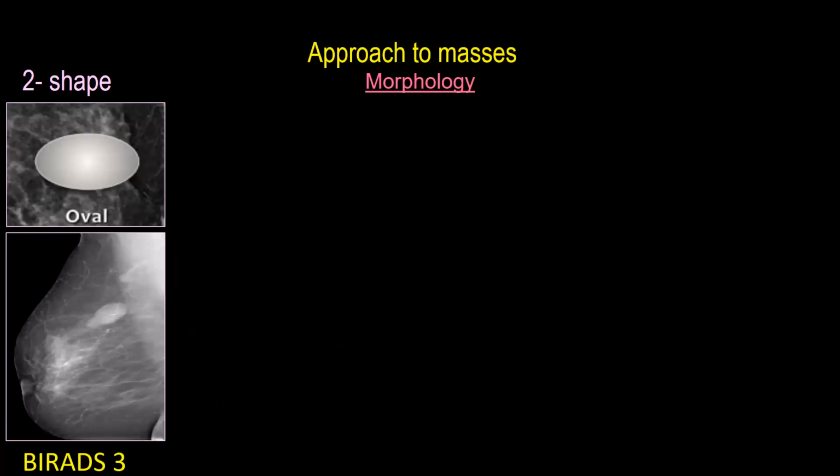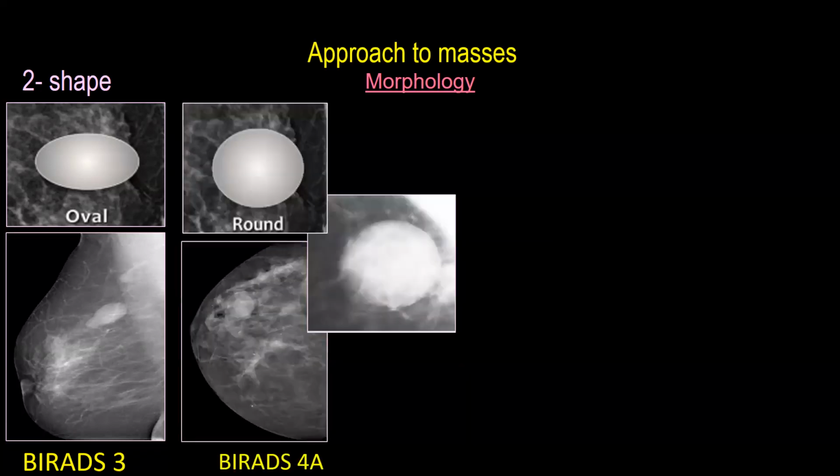But what about the round shape? Round shape, BIRADS 3, or 2, or 4, or 5, or what? 3. Hint: 4A. It becomes more suspicious when it is round than oval, unless it is a cyst and you find it to be a cyst on ultrasound. Soft tissue round masses are not reassuring.